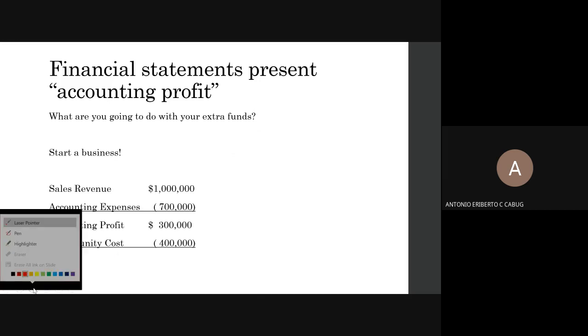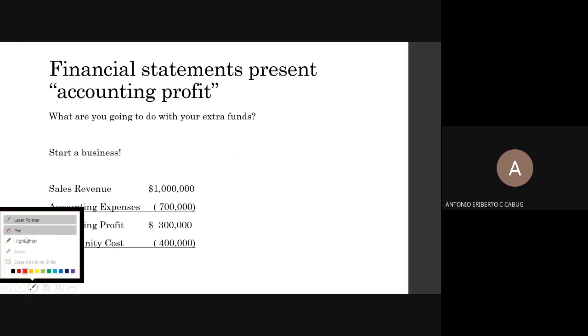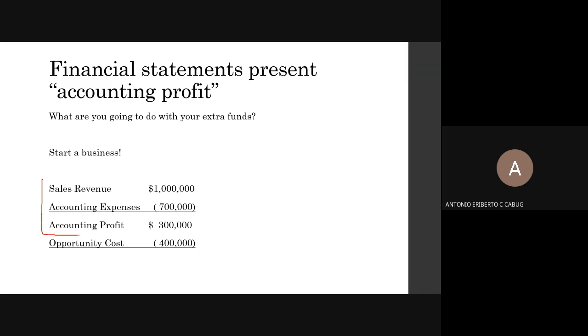Unfortunately, your accounting reports only present the first three. This is all we see in the income statement. But in reality, for decision-making purposes, opportunity cost and other hidden costs, which we call implicit costs, should be accounted for as well.